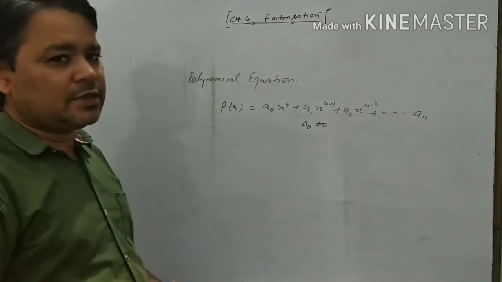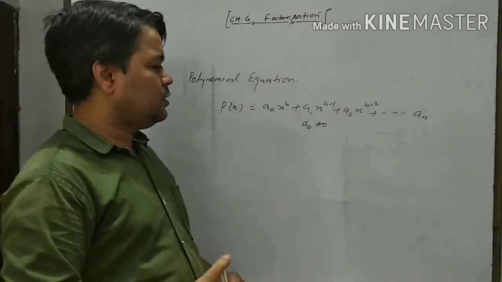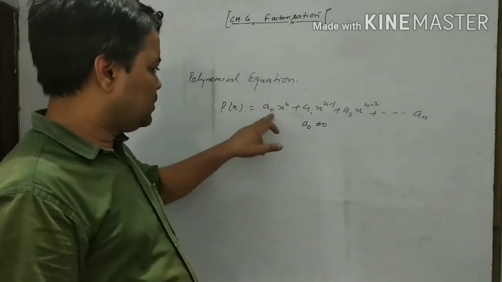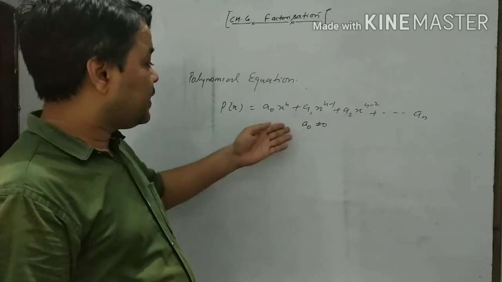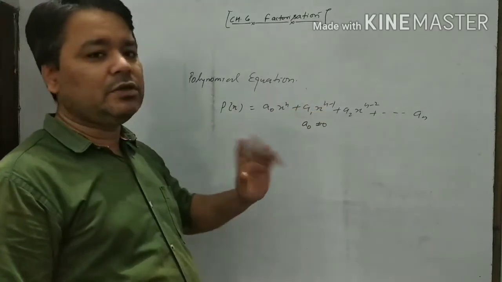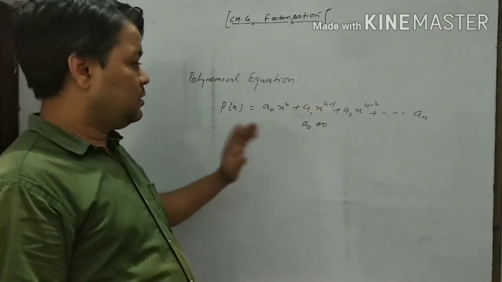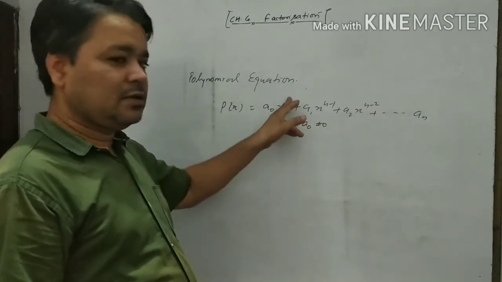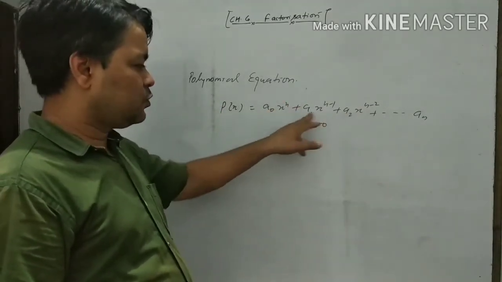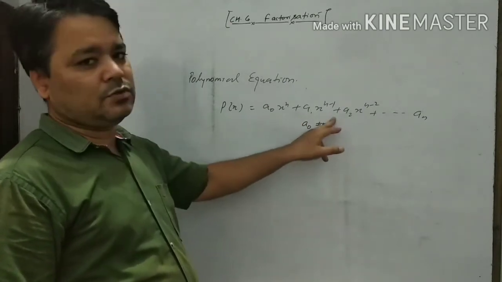And I told you the reason behind a0 not being equal to 0. Because if the coefficient of x to the power n is 0, in that case the degree will be n minus 1, not n. Therefore, if we want the degree of the polynomial to be n, this value should not be equal to 0. Get it?